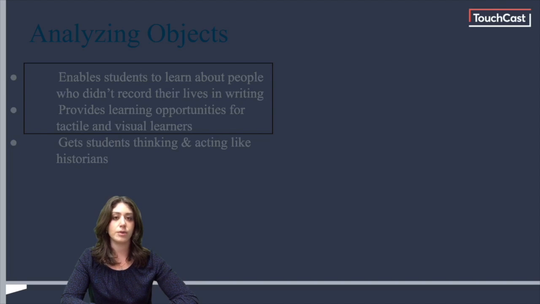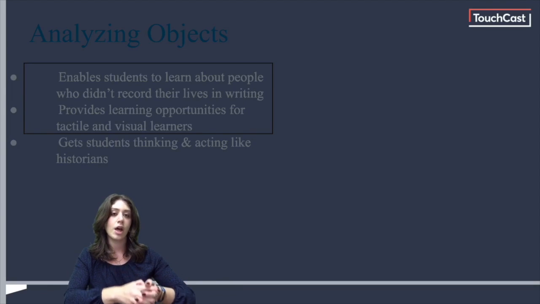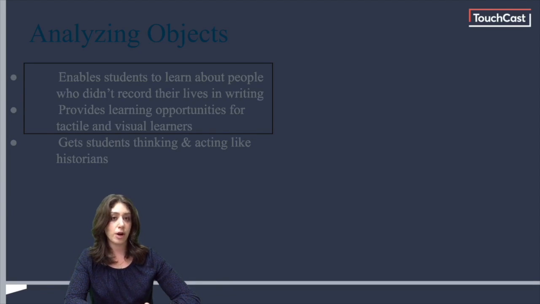When students are able to look at objects like clothing or tools or pieces of artwork, they're able to learn about people who necessarily didn't have the opportunity to write. It also is a really great opportunity for tactile and visual learners to have something that they can pick up and hold and touch in their hands that's a living part of history or another culture.